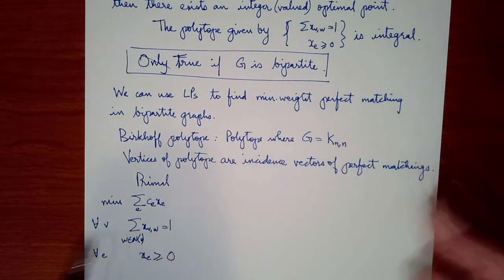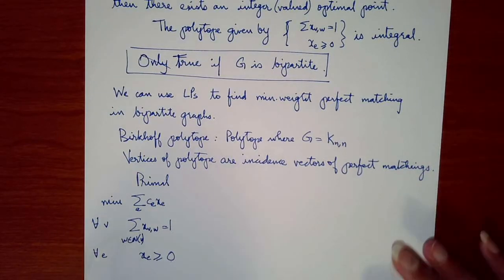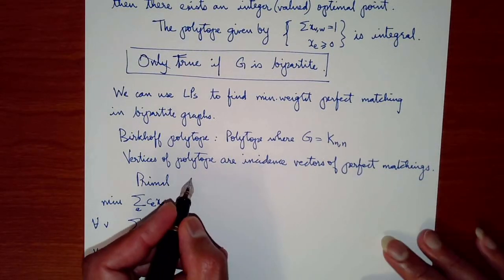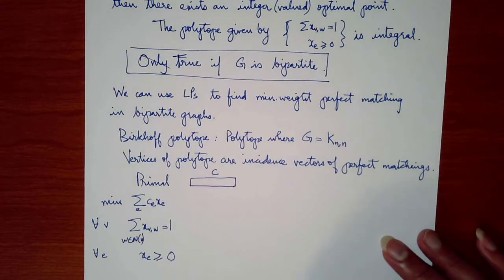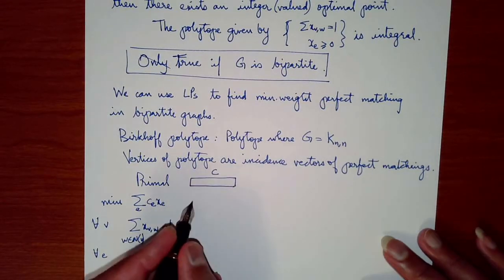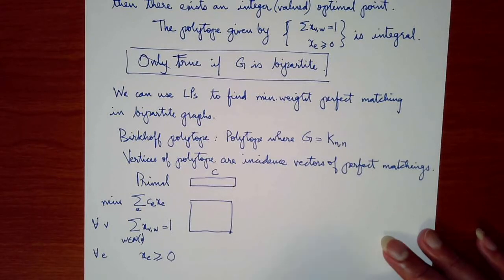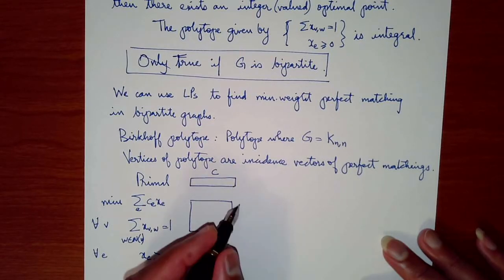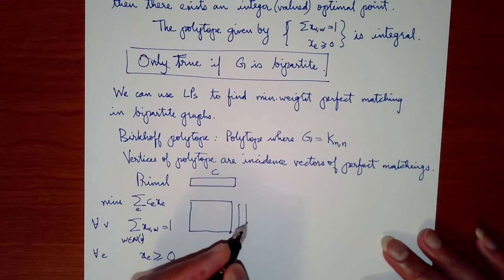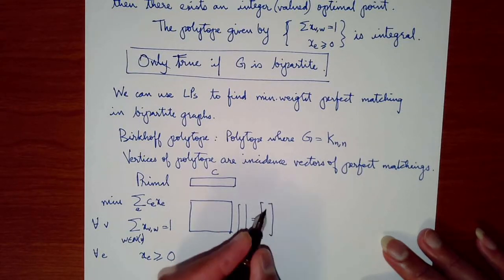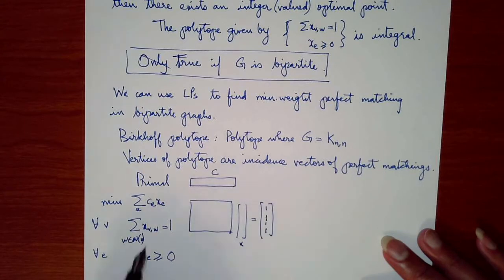I'm just going to write out a matrix picture of the primal-dual problem. So here is c. Here's my constraint matrix times some x, and this is equal to the all ones vector. And I have x greater than or equal to 0.